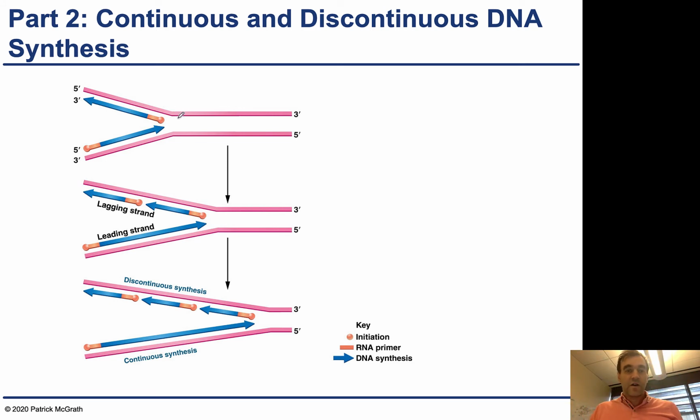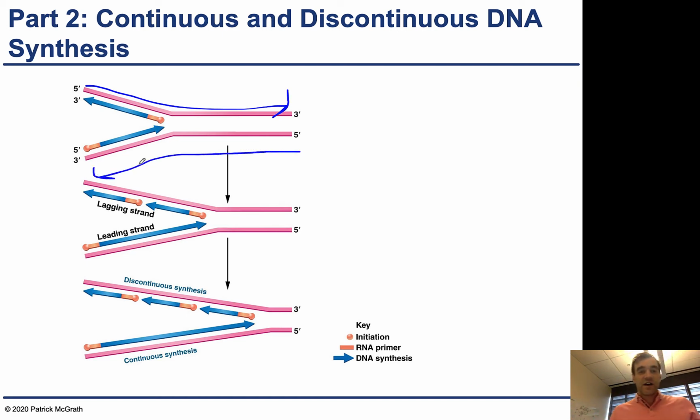So here we've unwound DNA, and we've separated it into, let's say, the Watson strand and the Crick strand, and so these are binding anti-parallel. So we have the 5' to 3' this way, and then for this one it's 5' to 3' this way.